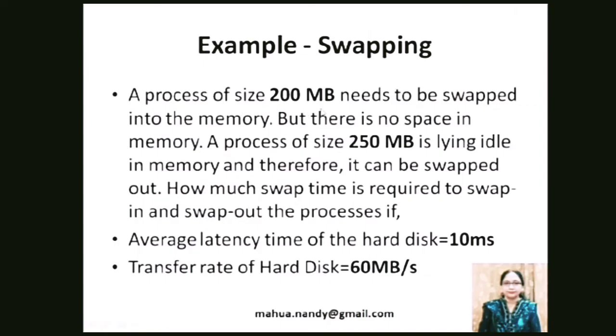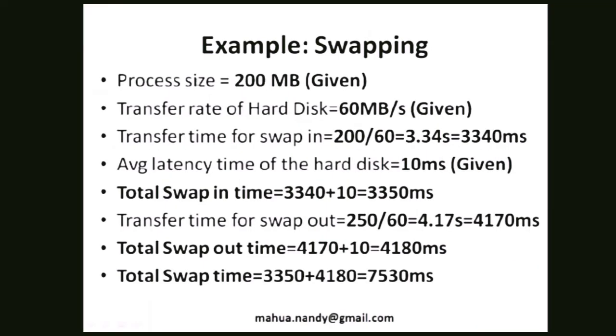The process that is required to be swapped in is of size 200 MB, and the process which is required to be swapped out from the memory is of size 250 MB. So process size is given over here, that is 200 MB, and transfer rate of hard disk is also given equal to 60 MB per second.